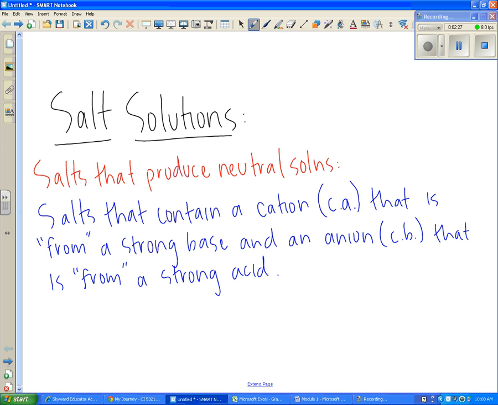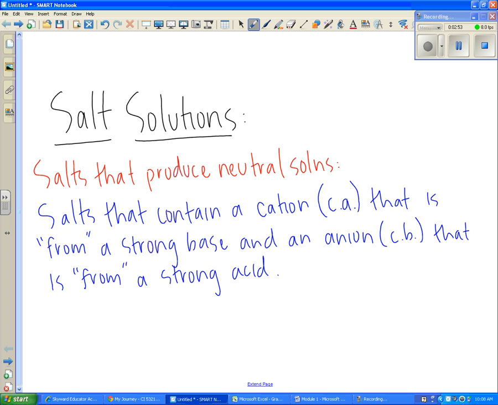How do we define a strong base? Hydroxide-containing compounds. So in a hydroxide-containing compound, what types of cations did we see? So sodium hydroxide, for example, is a hydroxide-containing compound.